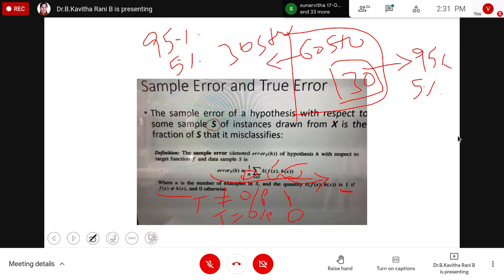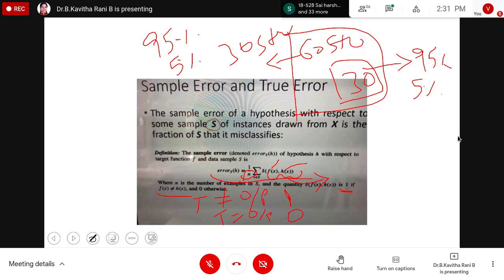Okay, the target value in the dataset is yes, but in the output we got no. So we get the output as 1. That means the target value is not equal to the predicted value. Both are not equal, then it is defined as 1. If both are equal, then it is defined as 0.